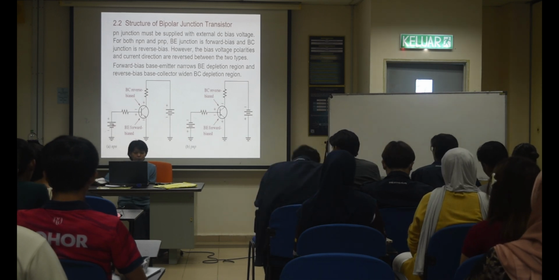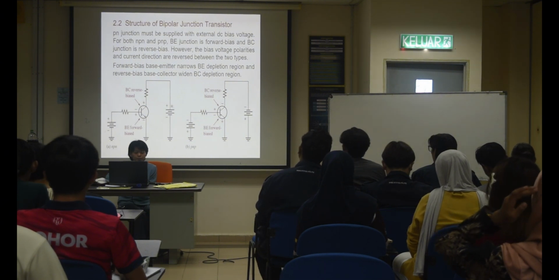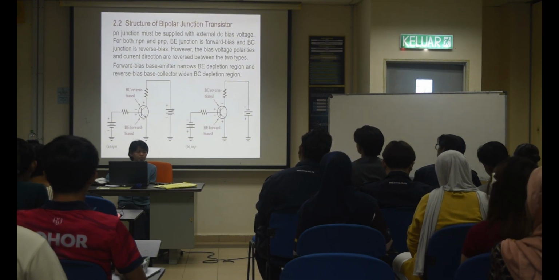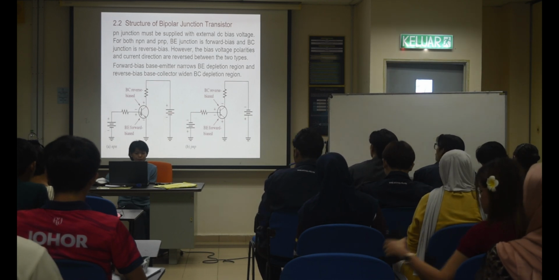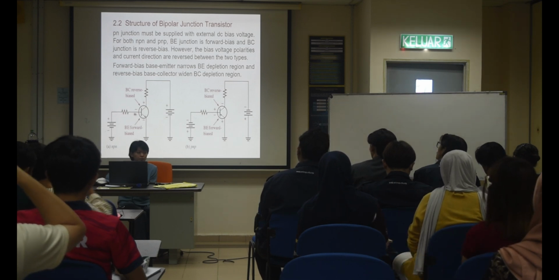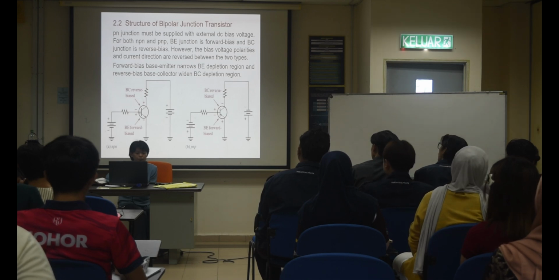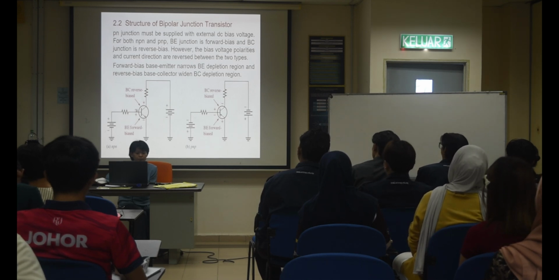One power supply is for the base, another power supply is for the collector. One you supply to the collector, the other you supply to the base. When this one supplies to here we will have reverse bias. You see positive, positive, negative.